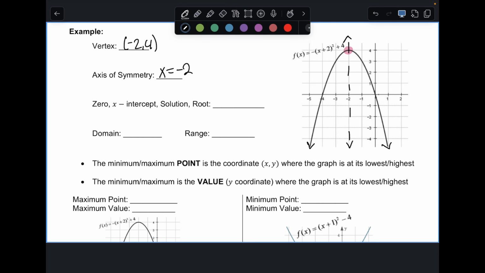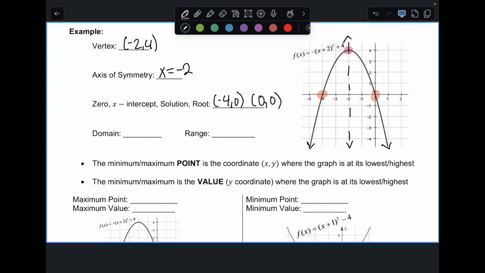Zeros, x-intercepts, solutions, and roots. Where does my graph hit the x-axis? 0. Okay, yeah, 0 and negative 4. Right here, boom, it's hitting the x-axis. And right here, it's hitting the x-axis. So those points are negative 4, 0, and 0, 0.